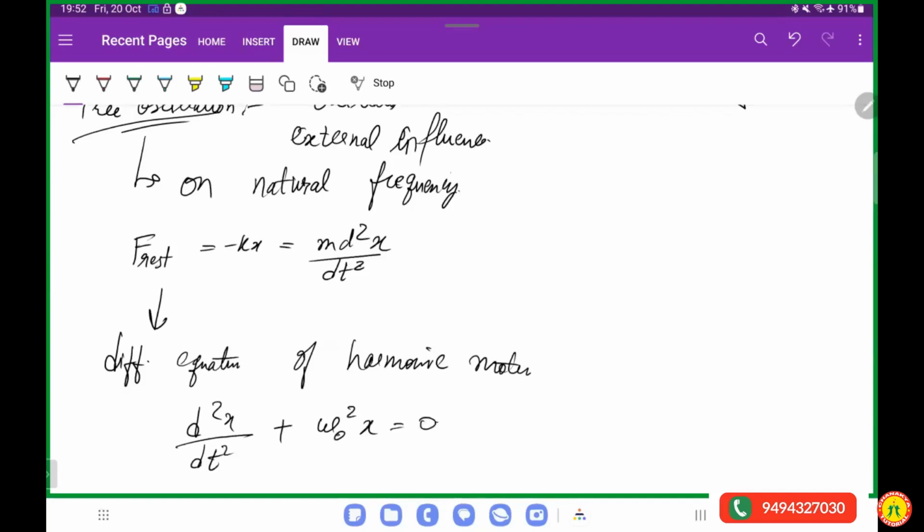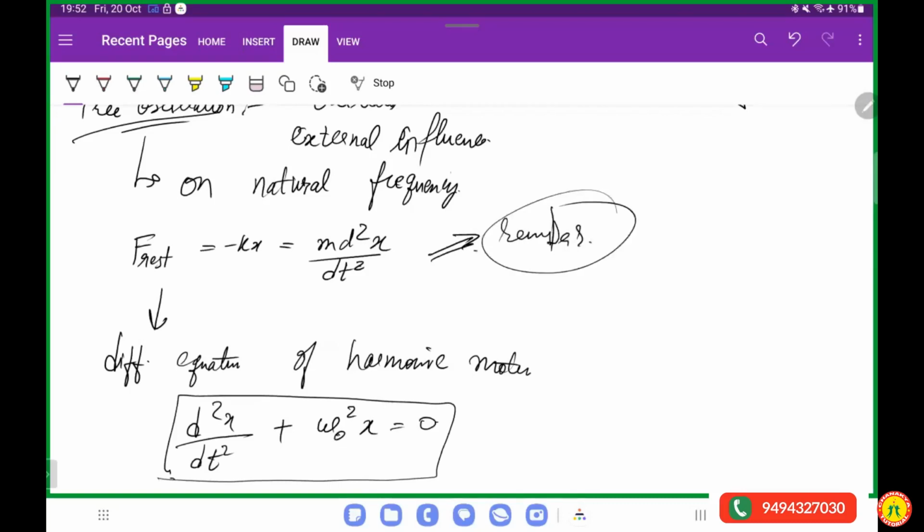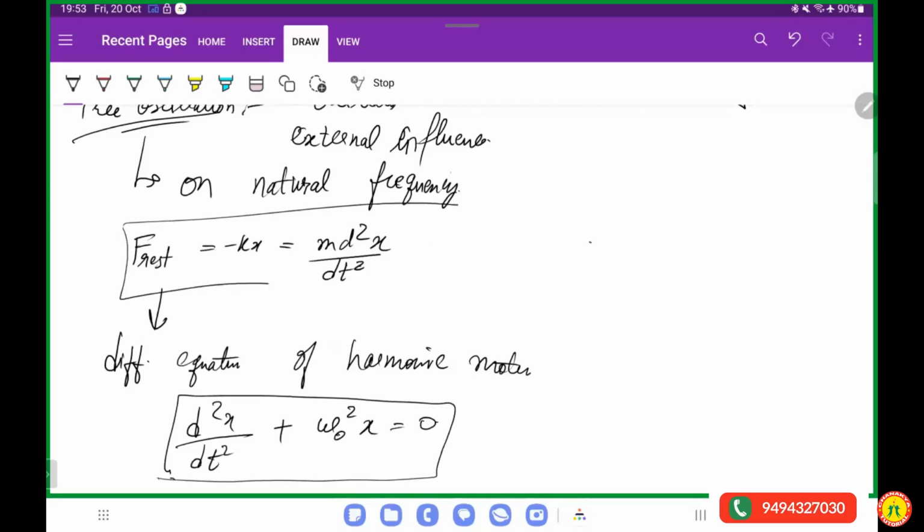Omega is your frequency. I think you remember this one. So if you want the time period, it equals 2 pi by omega naught, that is 2 pi root of m by k, I'm sorry, k here.